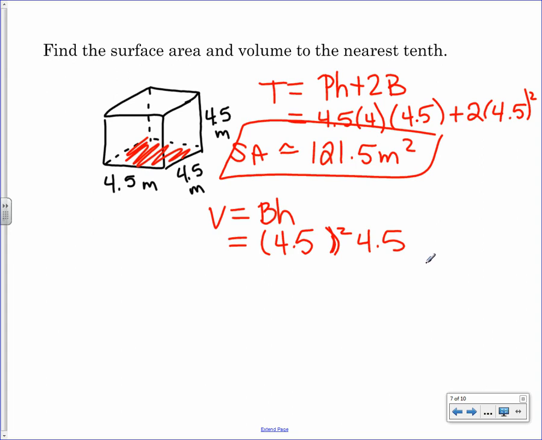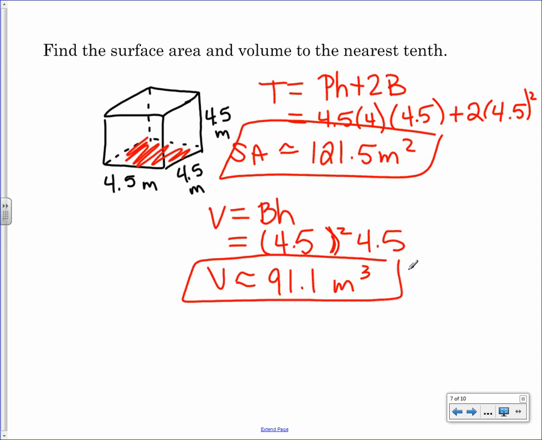So isn't that 4.5 cubed technically? So go ahead and put 4.5 squared times 4.5 or however you want to do it. Nearest tenth? What do we get? 91.1 meters cubed because it's volume. Okay. Anybody confused?